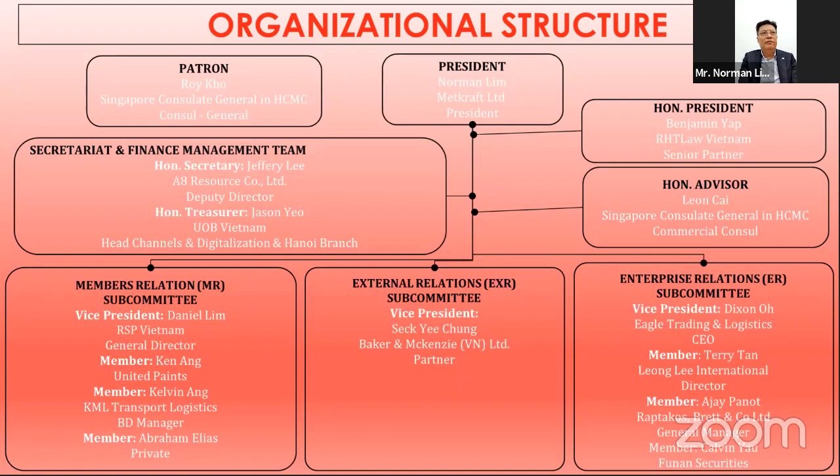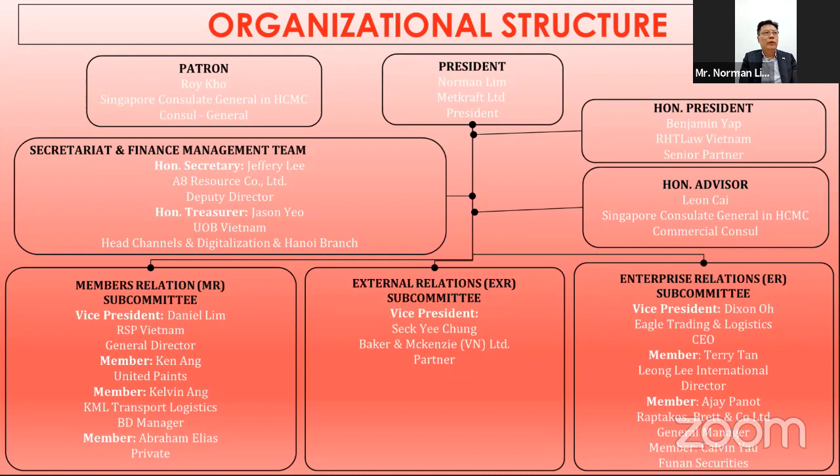We have our honorary advisor, Leon Chai, from the Singapore Consulate General Office, and he's also in the IE Singapore Ho Chi Minh City office. In our secretariat team and finance management team, we have our honorary secretary, Jeffrey Lee, and our honorary treasurer, Jason Yeo. With the help of our 3 secretariats that do most of the heavy lifting, all the organization of activities, the planning and execution were done by this management team.